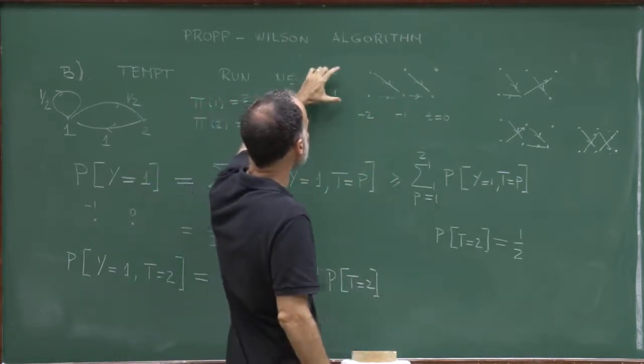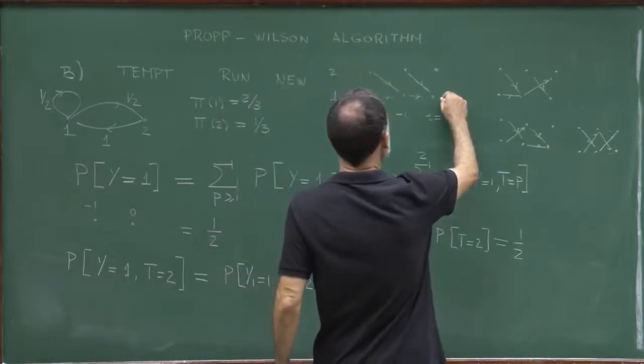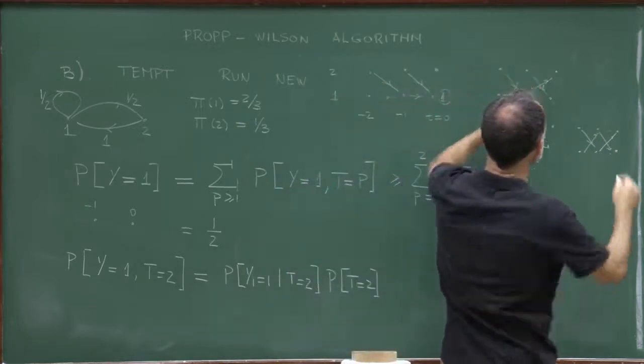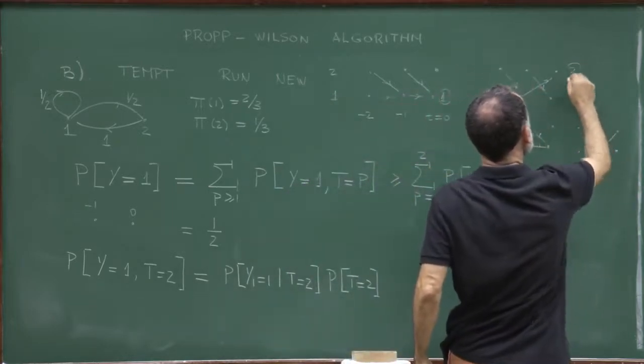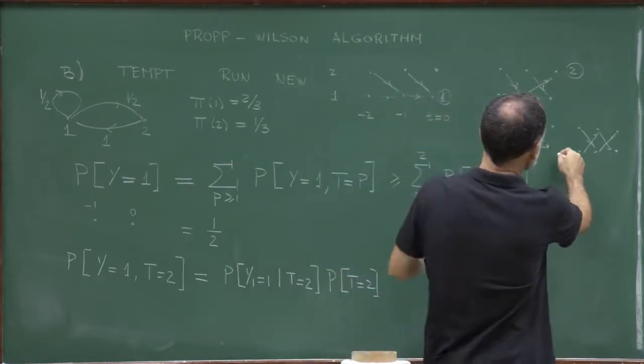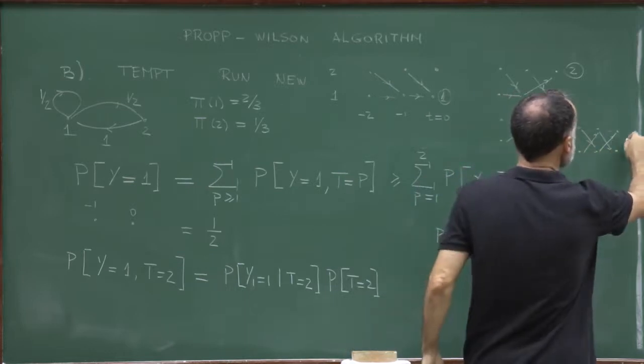In the first case, we produced an outcome which is 1. In the second case, we produced an outcome which is 2. In the third case, we produced an outcome which is 1, and in the fourth case, we produced no outcome.